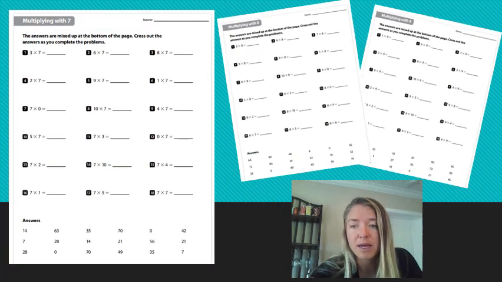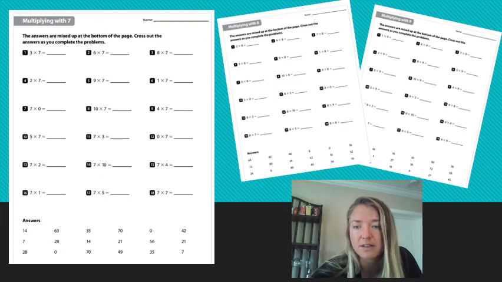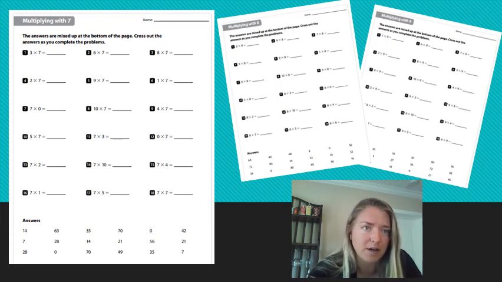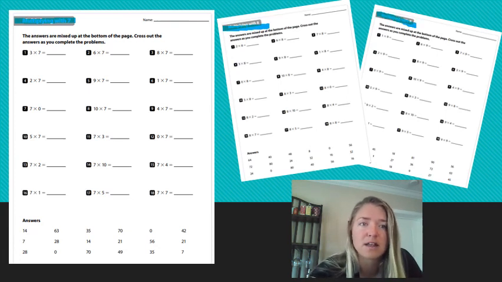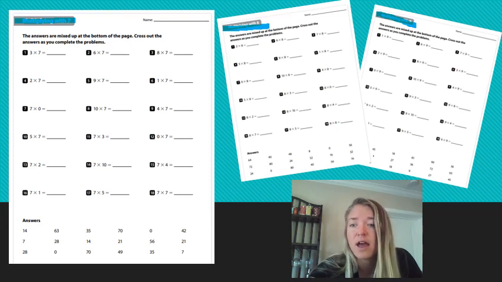The last 3 pages of this packet for these first 2 weeks of online learning are all the same, so I'm just going to go ahead and explain what to do on all of them right here. This first page, we're dealing with multiplying with 7, the next one multiplying with 8, and the last one multiplying with 9. So again, to solve these problems, you're going to use any or all of the strategies that we talked about earlier in this video.